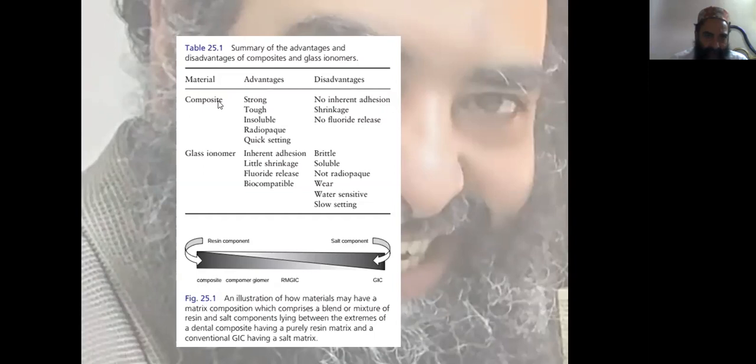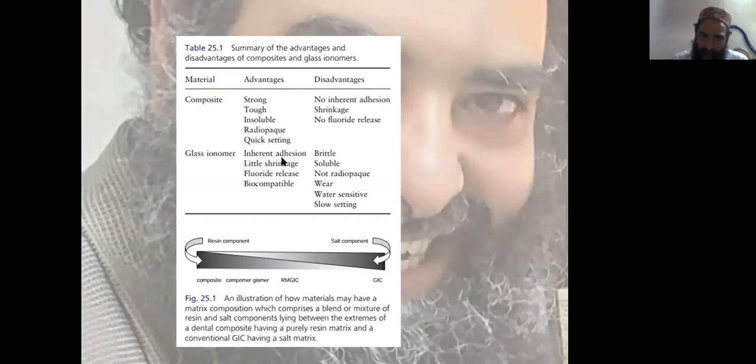The material is composite, and its advantages: composite is strong, tough, insoluble, radiopaque, and quick setting. Disadvantages of composite are that it has no inherent adhesion, polymerization shrinkage is there, and no fluoride release. Now comes the glass ionomer.